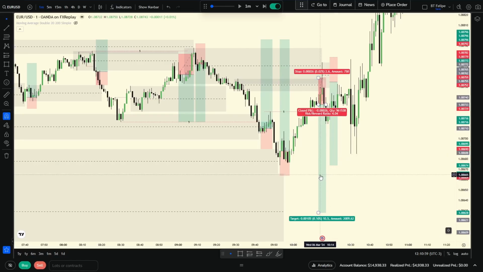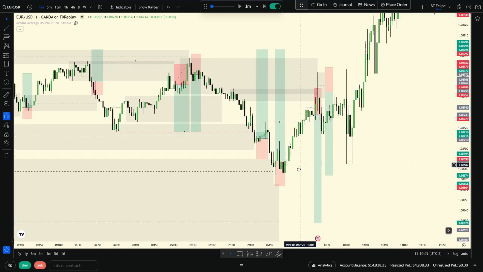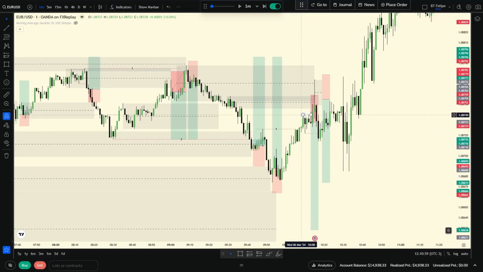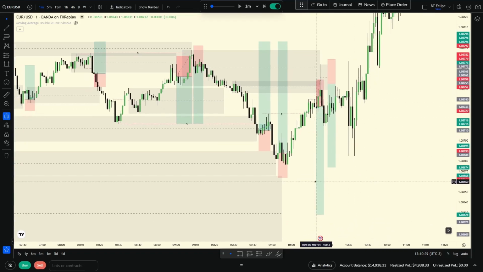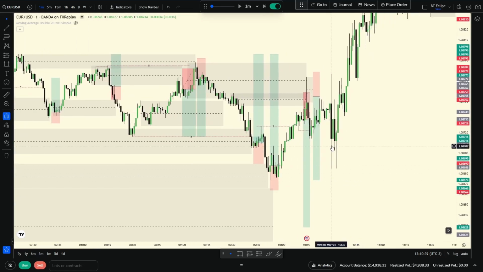I think that maybe I shouldn't have done this one, and I should have tried only this one. And another thing that I was thinking about was another long here, because price manipulated after tapping the PY, taking this bunch of liquidity, and then I could have tried to long from somewhere around here.